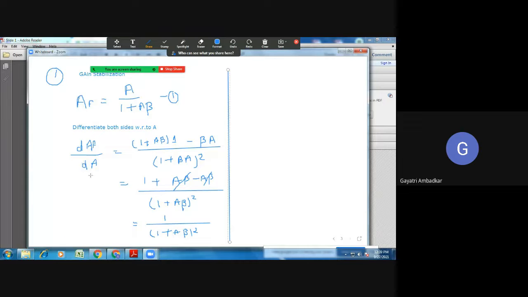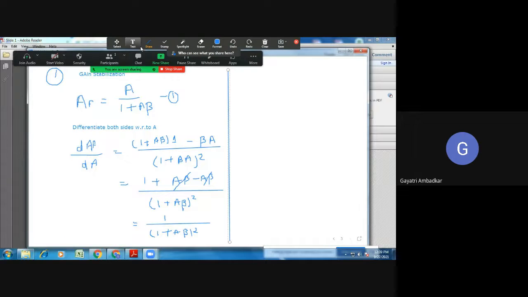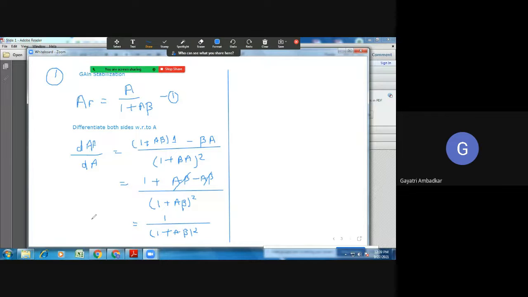What is this? dAF by dA. This is the change or variation in the gain with feedback with respect to changes in the gain without feedback. Now, if I want to find only the changes in the gain with feedback, it is equal to 1 upon 1 plus A beta, whole square, into dA.